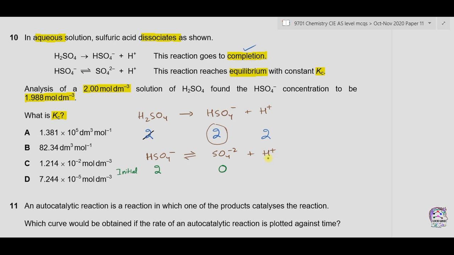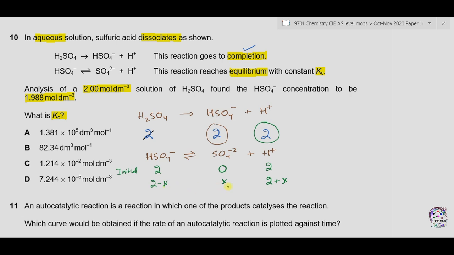The second ion is H+. As we know that H+ ions were already present in the solution, we have 2 moles of H+ ions initially. As the concentration of product is 0, this reaction will move in the forward direction in order to attain equilibrium. So some amount will be removed from hydrogen sulfate and the same amount will be produced for sulfate and the same amount will be produced for H+.